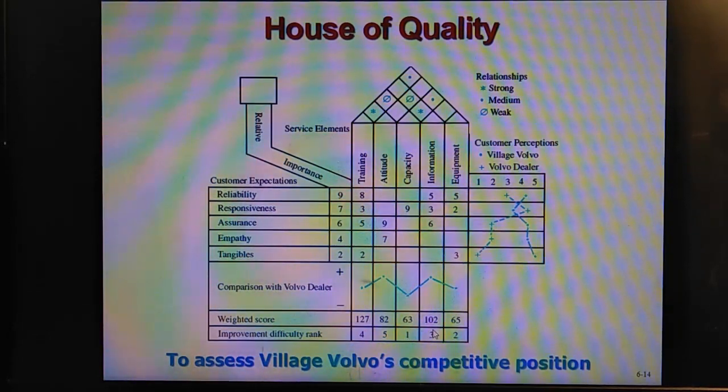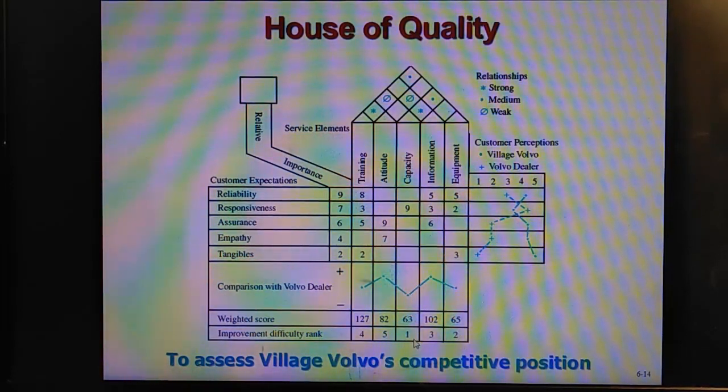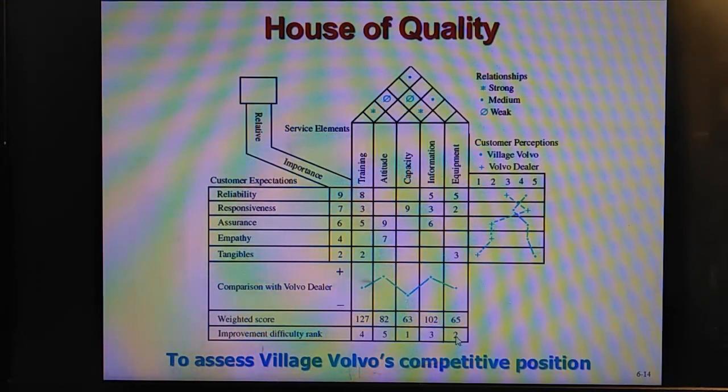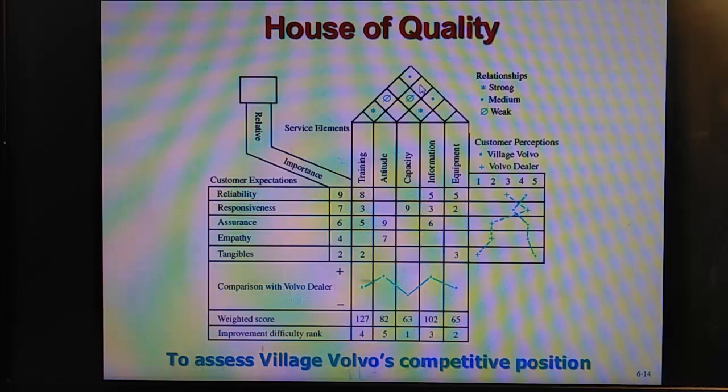Next is the equipment or tools. These are quite difficult to improve, needing more attention so they can be improved or strengthened further. So these are the relationships within the house of quality between customer expectation and service element.